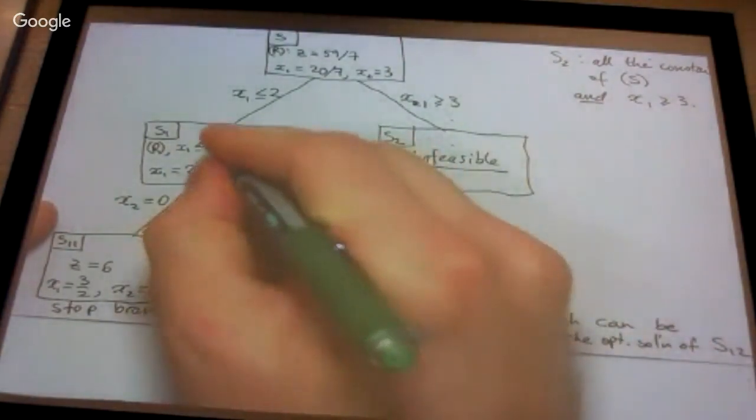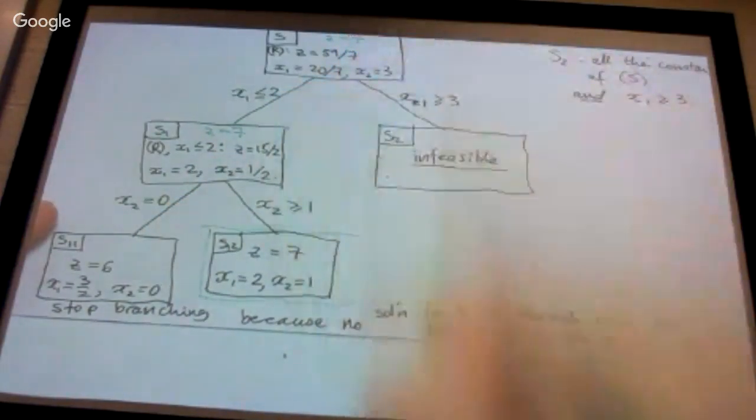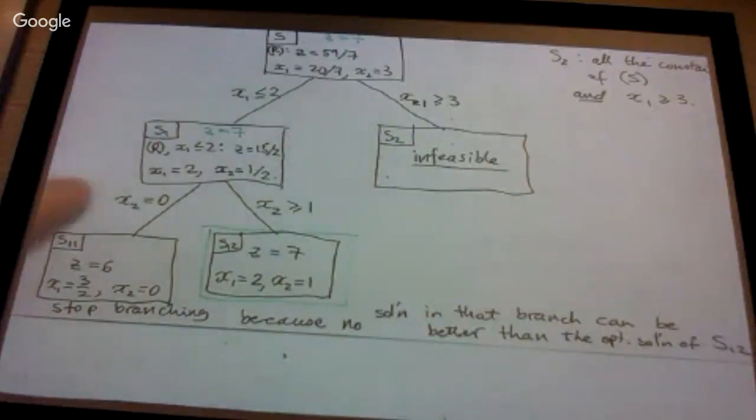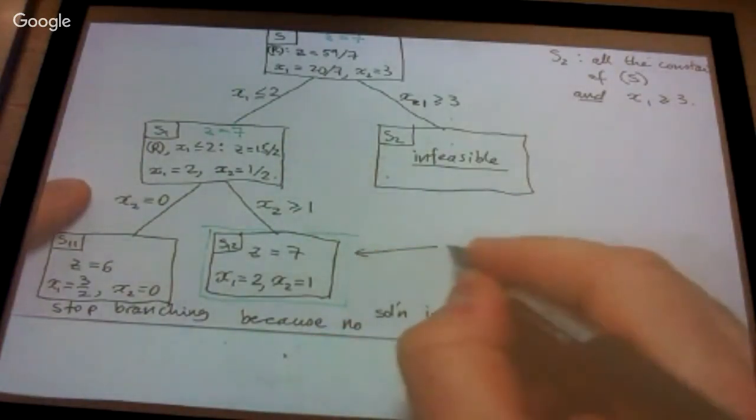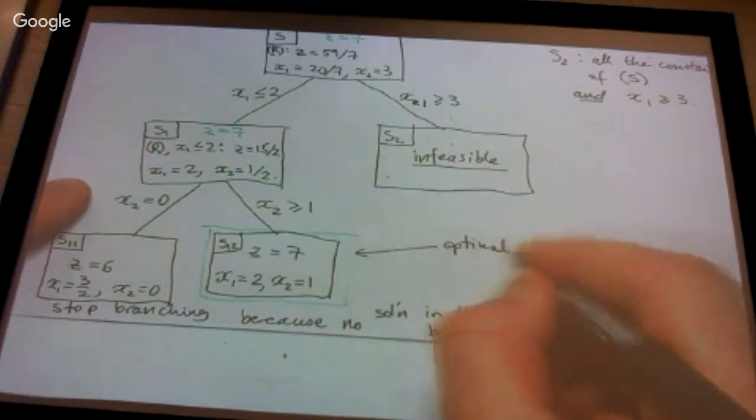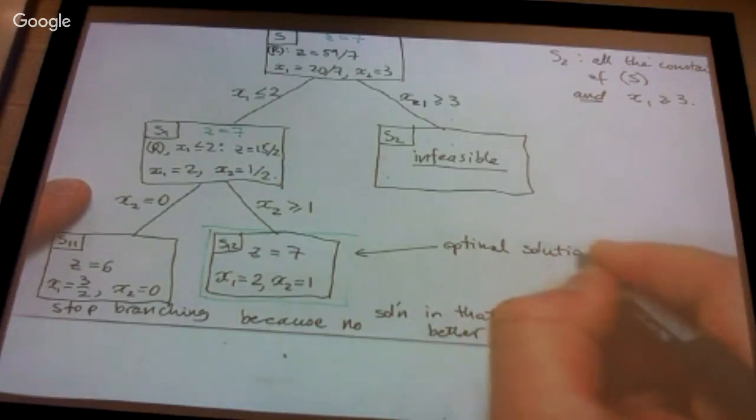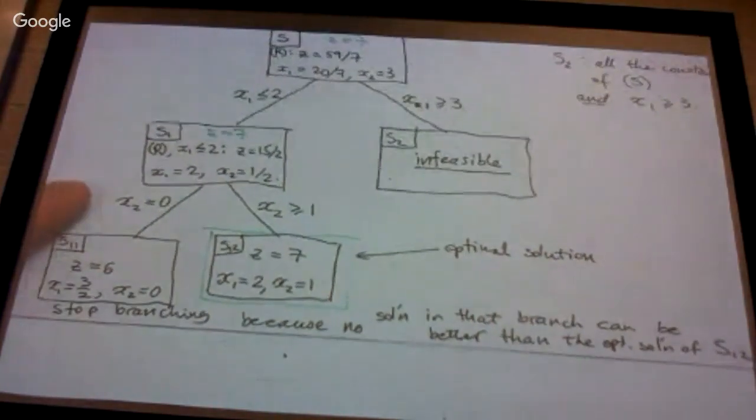So here the optimum is also going to be 7, and here it's going to be 7. And now we've found the optimal solution. So this is how it works.